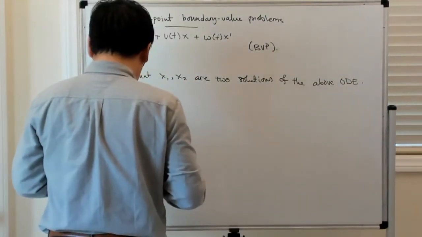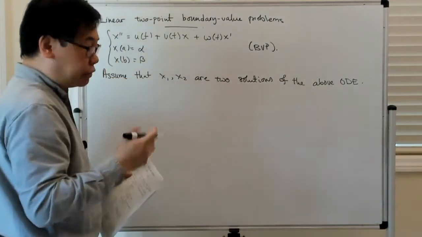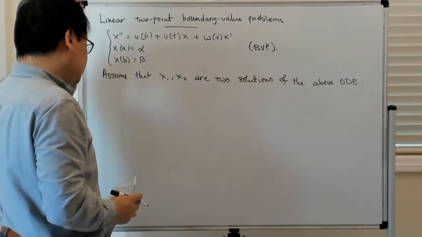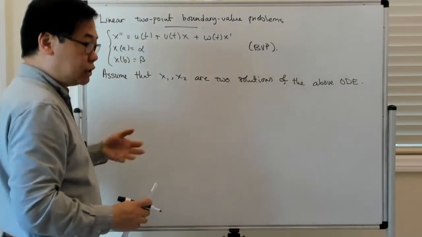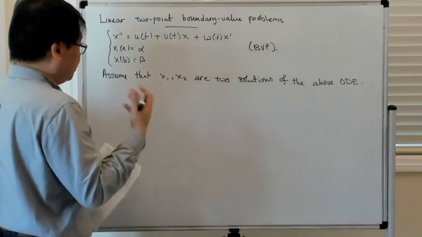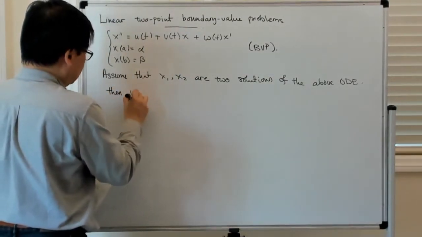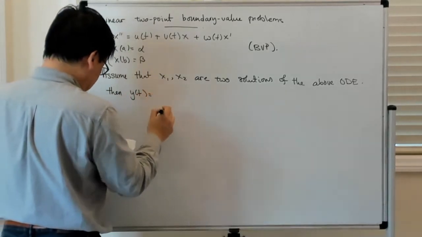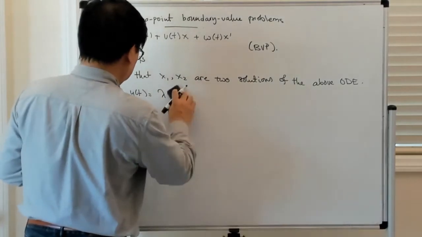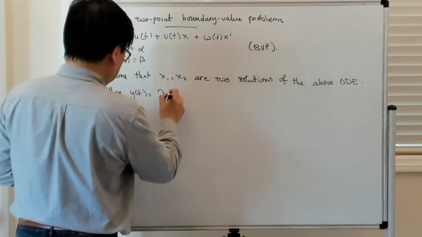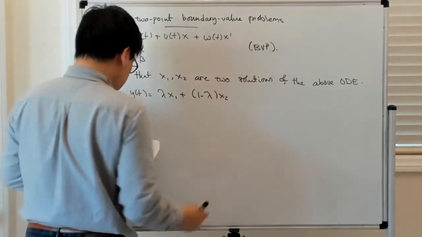Okay, so since it's a linear ordinary differential equation, when you have two solutions, then any linear combination of those two solutions is again a solution of the differential equation. Okay, so then y of t equals lambda x1 plus 1 minus lambda x2 is also a solution.